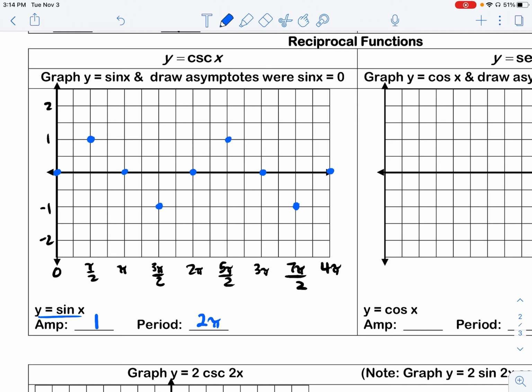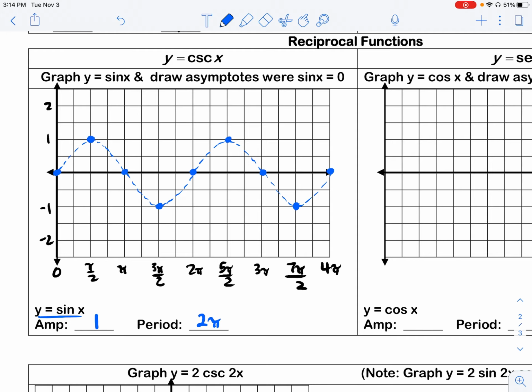I'm just graphing sine as a guide. Everyone should be able to do this at this point. Okay, so there's my sine graph.